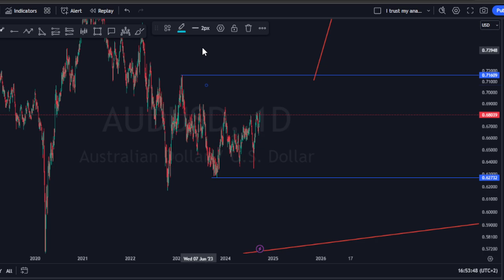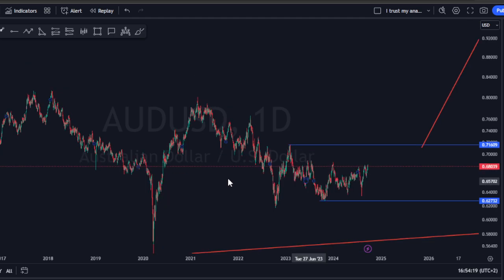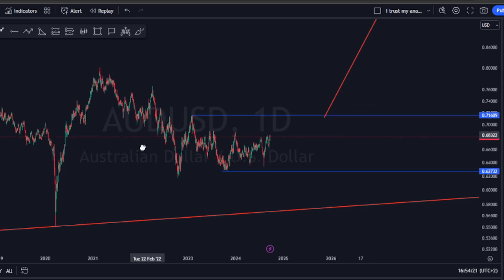However, it failed to continue as sellers came in and pushed price down, but they're moving quite correctively. So I'm just gonna remove this for now because I do think we have a pattern we can take advantage of.